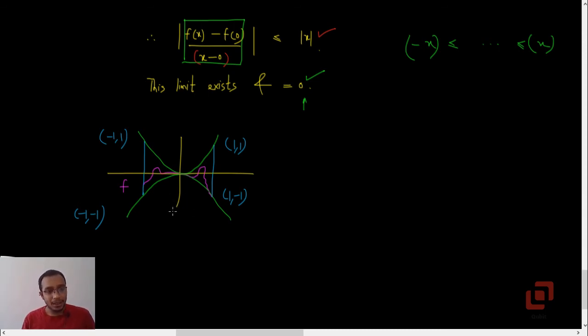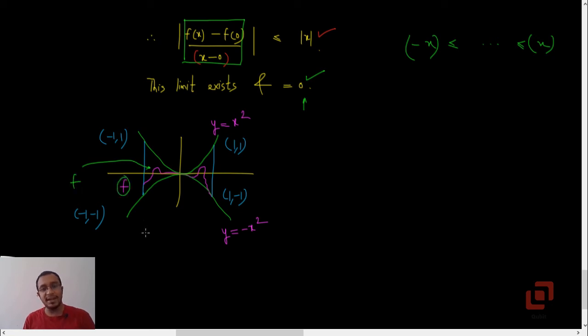I would say, suppose we draw the parabolas y equal to x squared and y equal to minus x squared. Okay, now we know that our function is defined only for values between -1 and 1. So consider this pink graph, that of f of x.